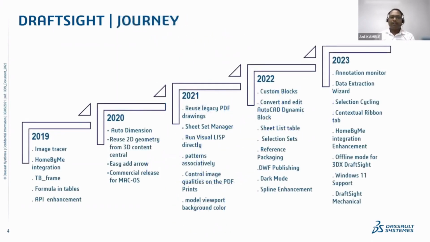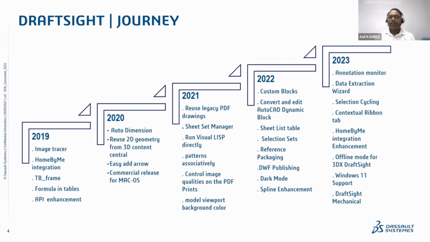Now, DraftSight was commercialized in 2019, and since then we strive our best to give a better experience and better functionalities for the user, to simplify their work and increase productivity. So every year we add functionality so users can enjoy their work.